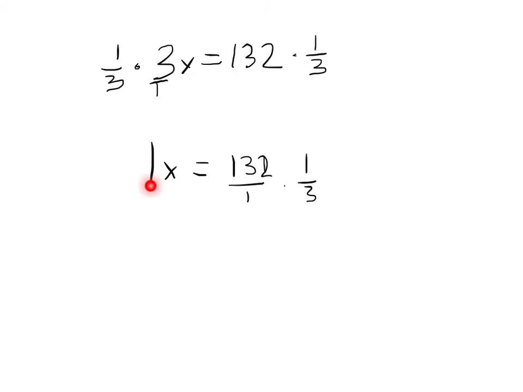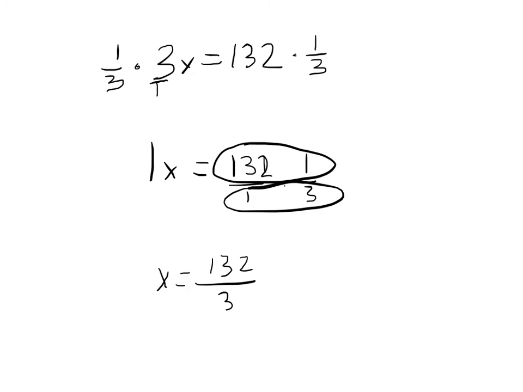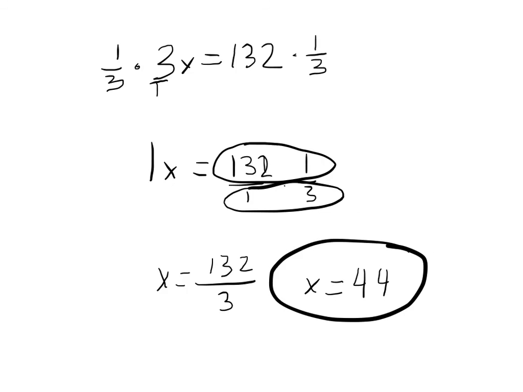When we have a 1x like this, I really don't even need that 1 there. So I can say x equals, here I can do 132 times 1, 132 over the bottom. The denominator will be 1 times 3, so it'll be 3. So x will equal 132 divided by 3, and that equals 44. So instead of dividing by 3, I multiply by 1/3.